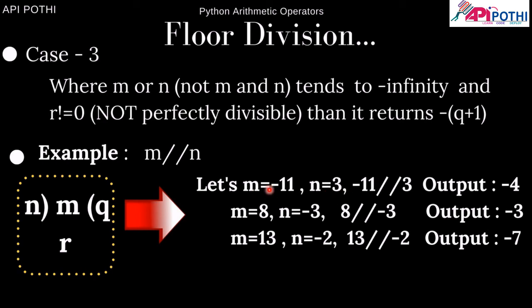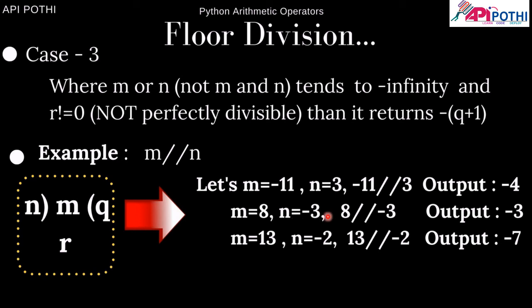Here m equal to minus 11 and n equal to 3. 11 is not perfectly divisible by 3. So it will take 3 times to divide, right? Here the answer is minus 3 plus 1, which is minus 4. Same way, 8 divided by minus 3: 3 into 2 is 6, remainder will be 2.